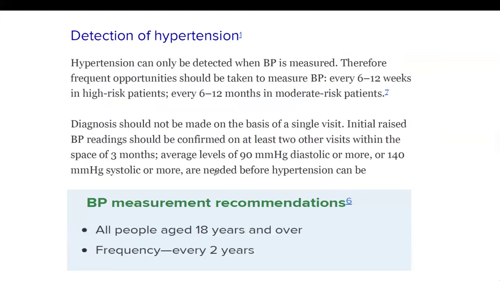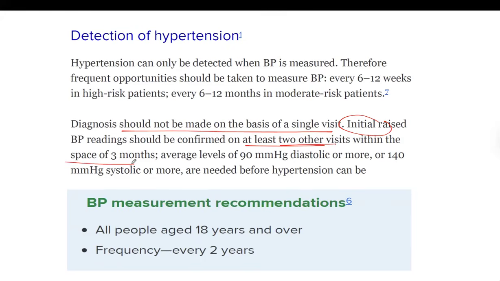Now, coming back to the basics again, how can we detect hypertension? Is a single high blood pressure enough to diagnose a patient? No. Always remember that diagnosis should never be made on the basis of a single visit. If you have a patient who has high blood pressure, this initial raised blood pressure should be confirmed on at least 2 other visits within a space of 3 months.